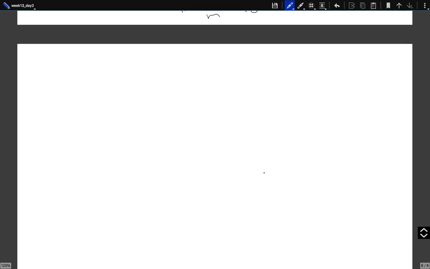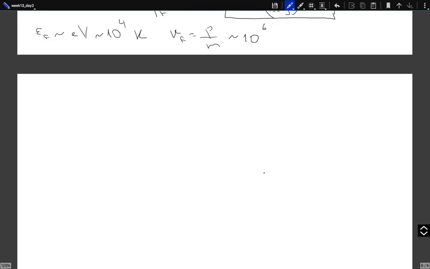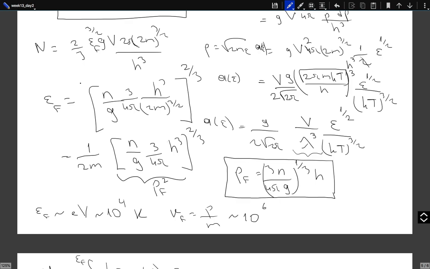Now let's look at the energy of this system at zero temperature. The energy is not zero. Now the energy of the system will be just the epsilon times this from 0 to epsilon Fermi. Since we are at zero temperature, all the states up to epsilon Fermi energy will be occupied, none of the others will be occupied.